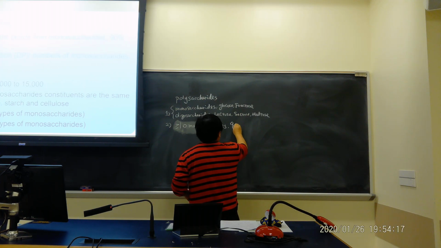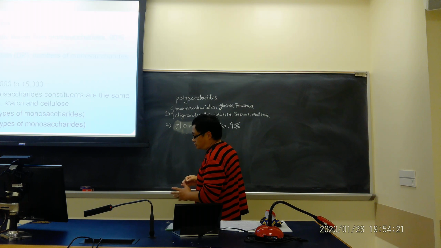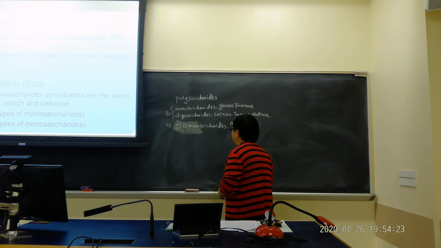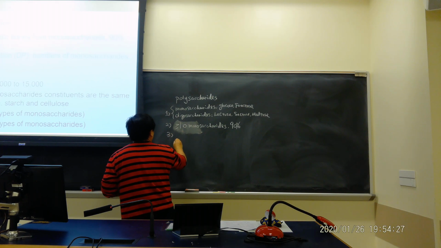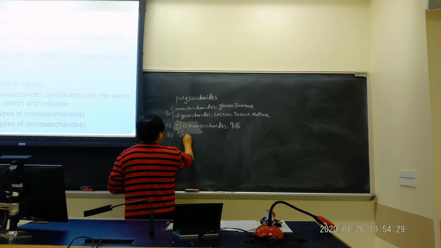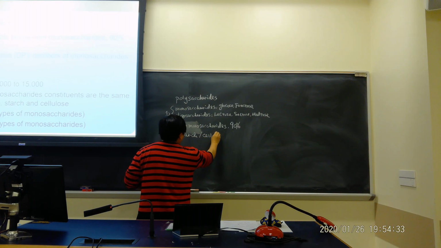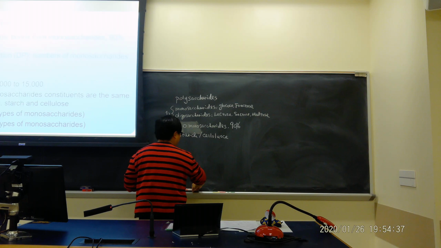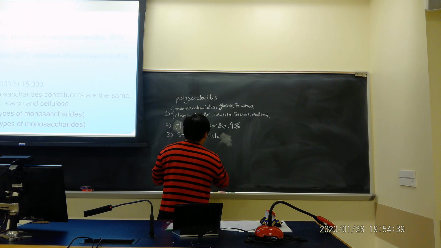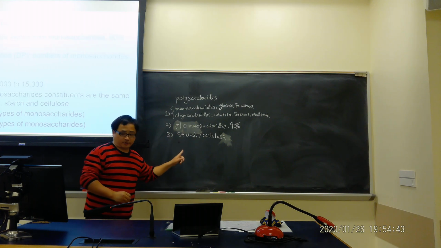Actually, in our life, 90% of the carbohydrate resource is coming from polysaccharides. And a good example is starch and cellulose. We will talk about this starch in much more detail very quickly.